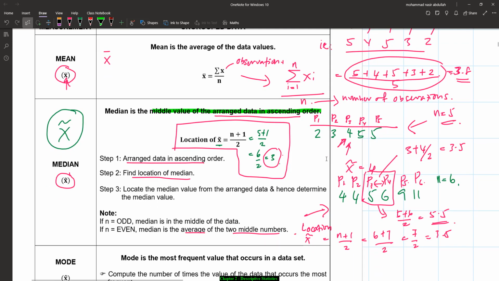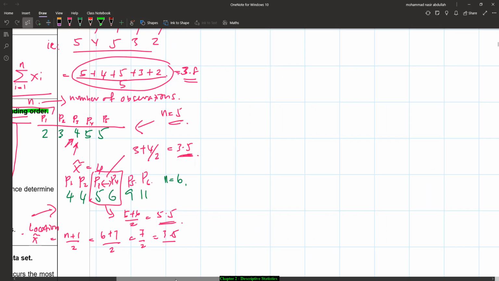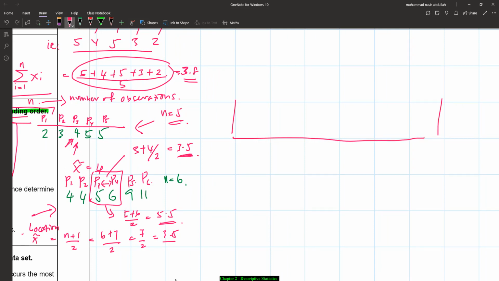For the median, we know that the definition of the median is the middle value of the arranged data. Let me put this at the side a bit, so you can understand how to interpret the median.